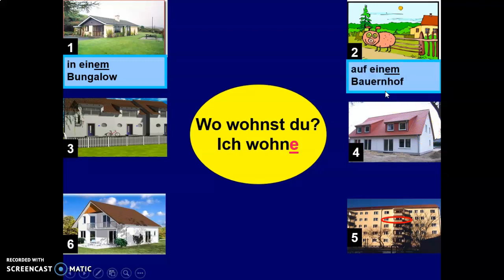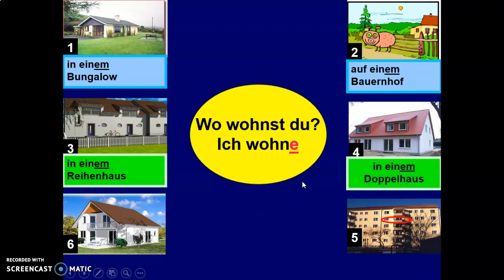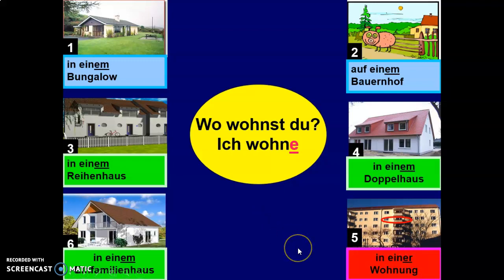When we're using der words or das words, remember we've got in einem, auf einem: in einem Bungalow, auf einem Bauernhof, in einem Reihenhaus, in einem Doppelhaus, in einem Einfamilienhaus und in einer Wohnung. So you can see with the feminine it's different. We say in einer Wohnung.